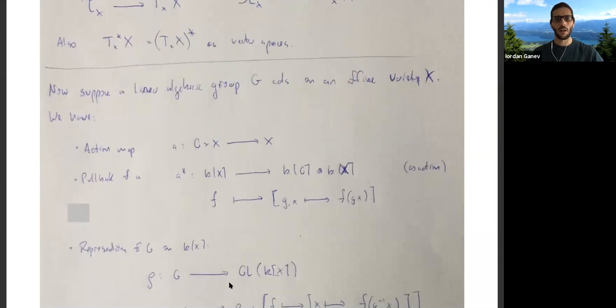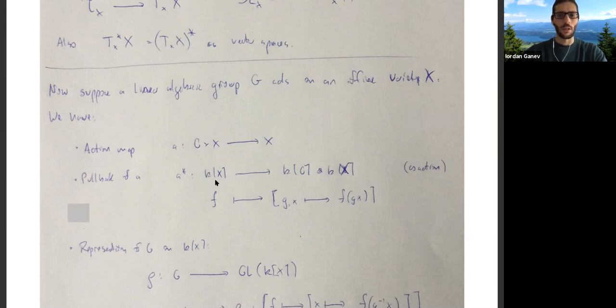So then, as we discussed in one of the earlier lectures, anytime we have a linear algebraic group acting on an affine variety X, we have several things that are given to us. So we can think of this action in terms of an action map, G cross X to X. And this action map has a pullback, the associated algebra homomorphism on the affine algebras that goes in the reverse direction.